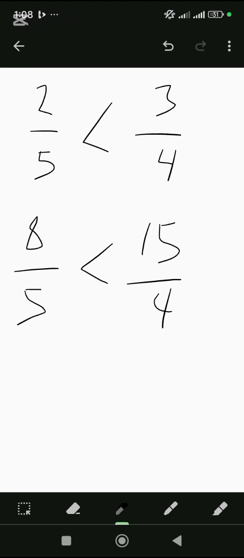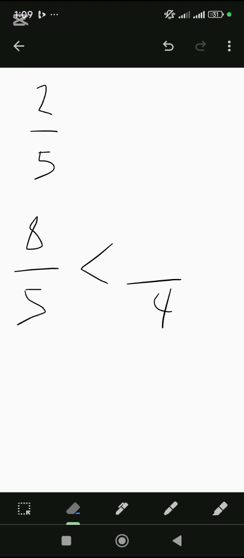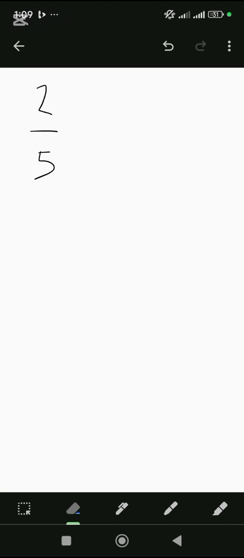All right, we can have the other method. Let's see how we can use the other method. Let's say we have this same question and we want to convert each of these. So remember, it's 2 over 5 and 3 over 4.